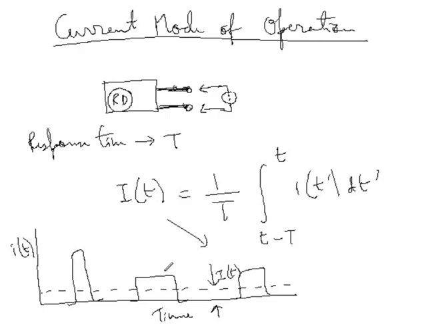In the current mode, this time average of the individual current pulse bursts basically serves as the basic signal that is recorded.